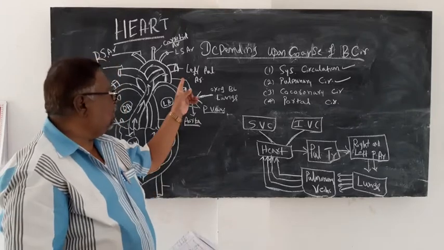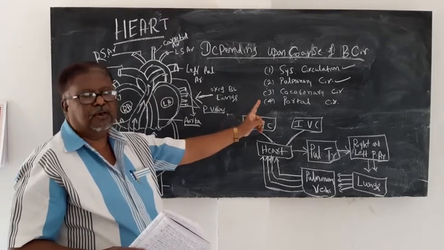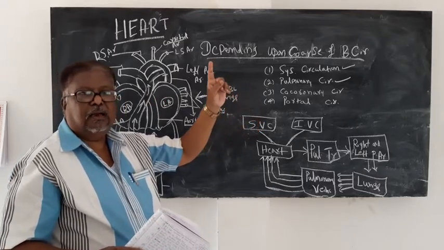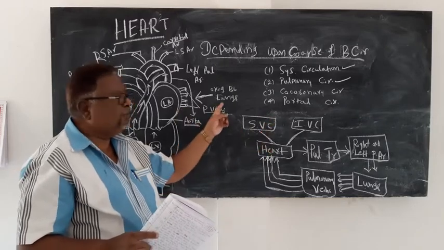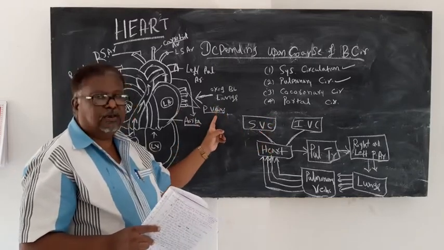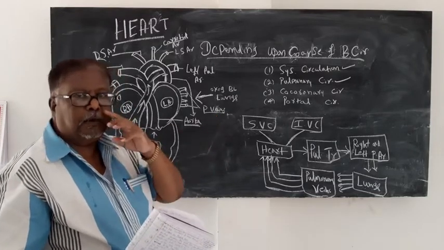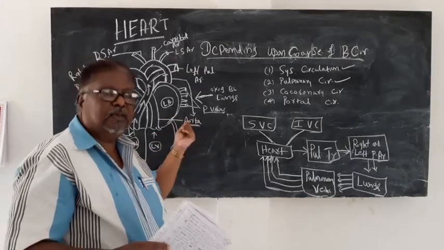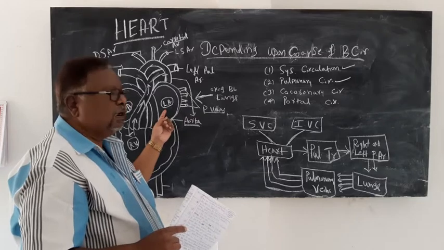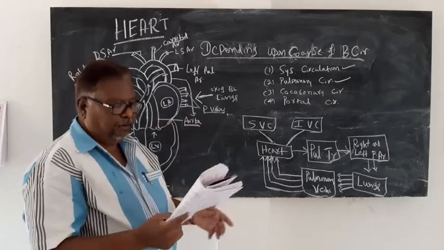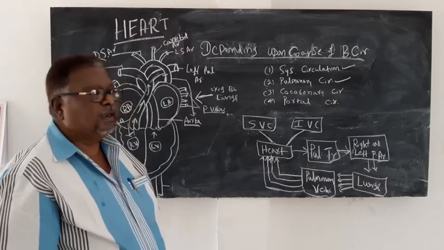The pulmonary arteries take the deoxygenated blood for purification to the lungs, and the oxygenated blood from the lungs is brought to the heart by pulmonary veins, not the arteries. They empty this blood in the left auricle through the pulmonary veins. So this is all about the pulmonary circulation.